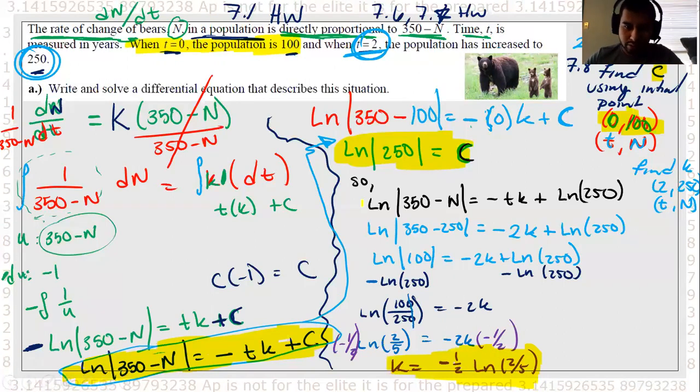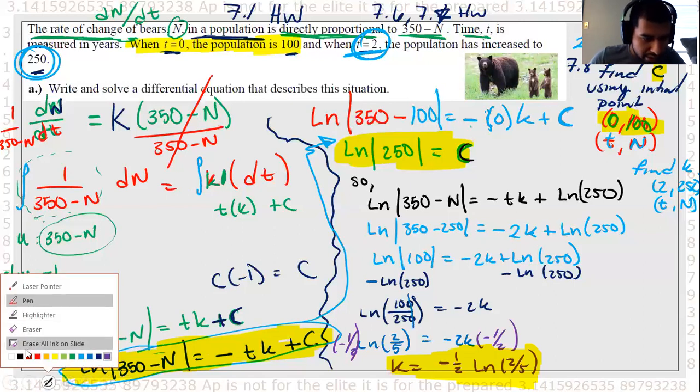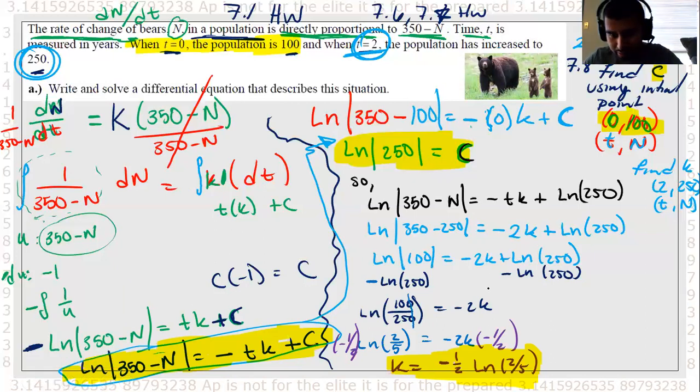Any questions so far? So our answer is this equation right here. But instead of writing k, I'm going to write this right here for k. And let me see if I can write it on the next slide. You guys let me know when I can continue.